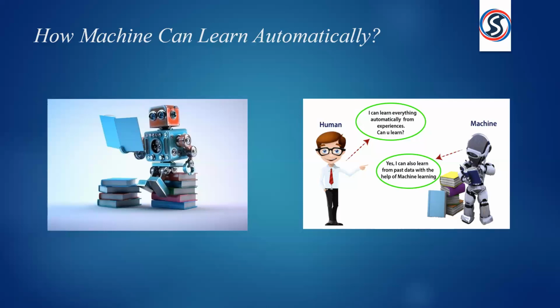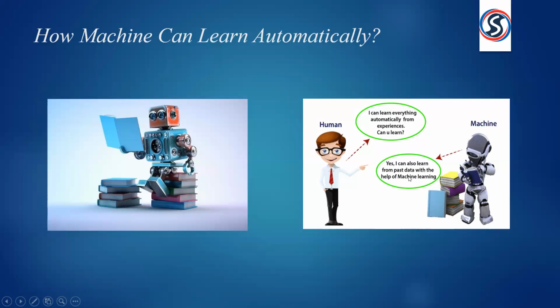Many advancements are being made day by day as we evolve. As humans evolve, the machine is evolving, and artificial intelligence is evolving too. A human can learn everything automatically from experience. Can you learn?